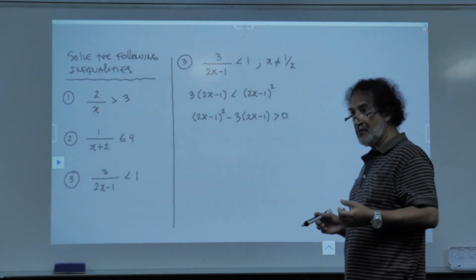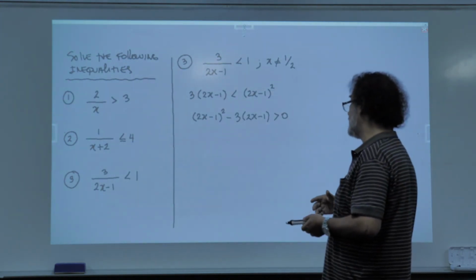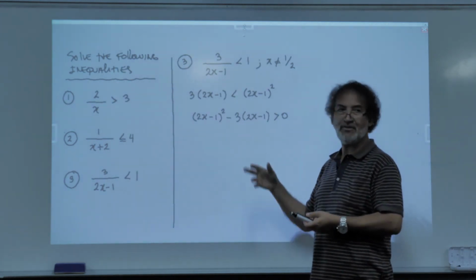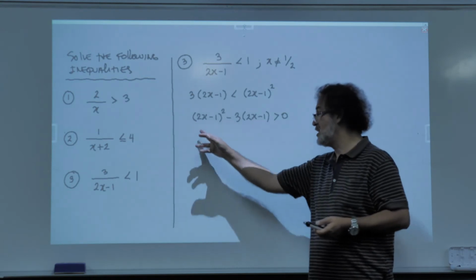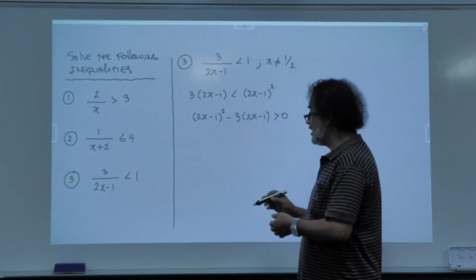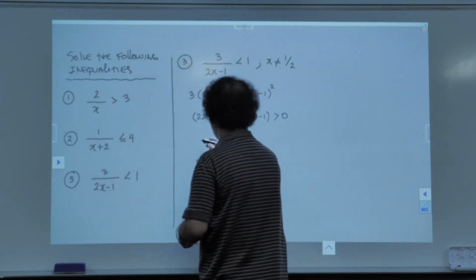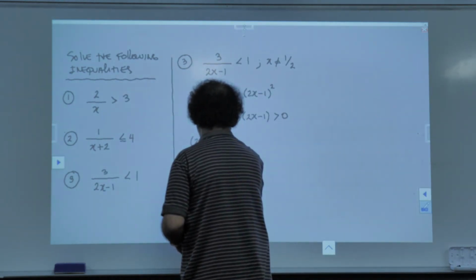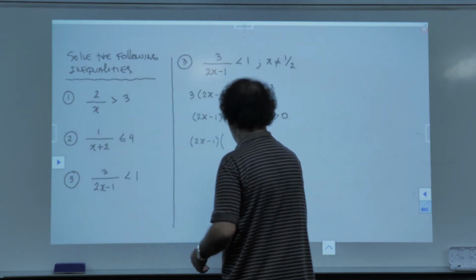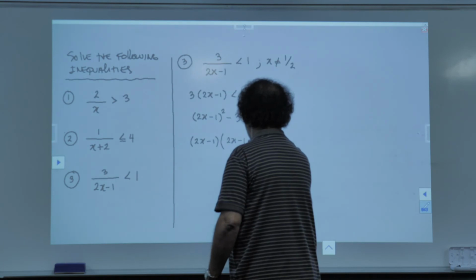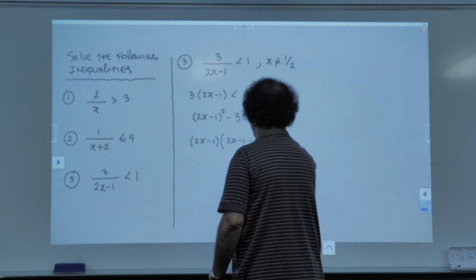And then we're going to take the common factor. It would be silly to expand it when at the end you're going to have to factorize it again. Here it's given to you. So we're going to just take the common factor, which is 2x minus 1. So I'm going to say 2x minus 1 is a factor of itself, 2x minus 1, and then minus 3.